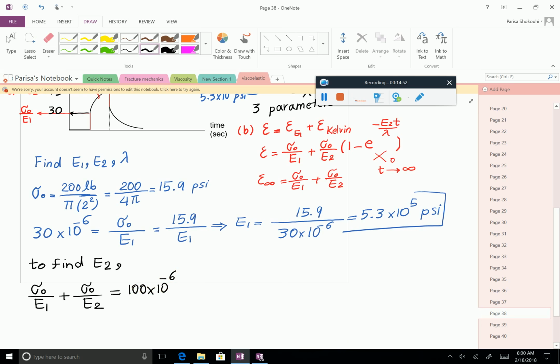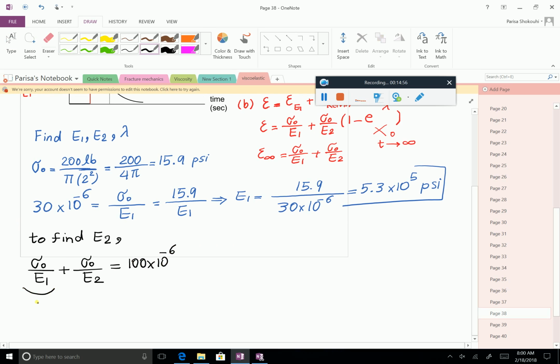So at a very, very long time, this is the value it approaches, and we know that. So we already know that sigma 0 over E1 is 30. So from here, sigma 0 over E2 will be 70.